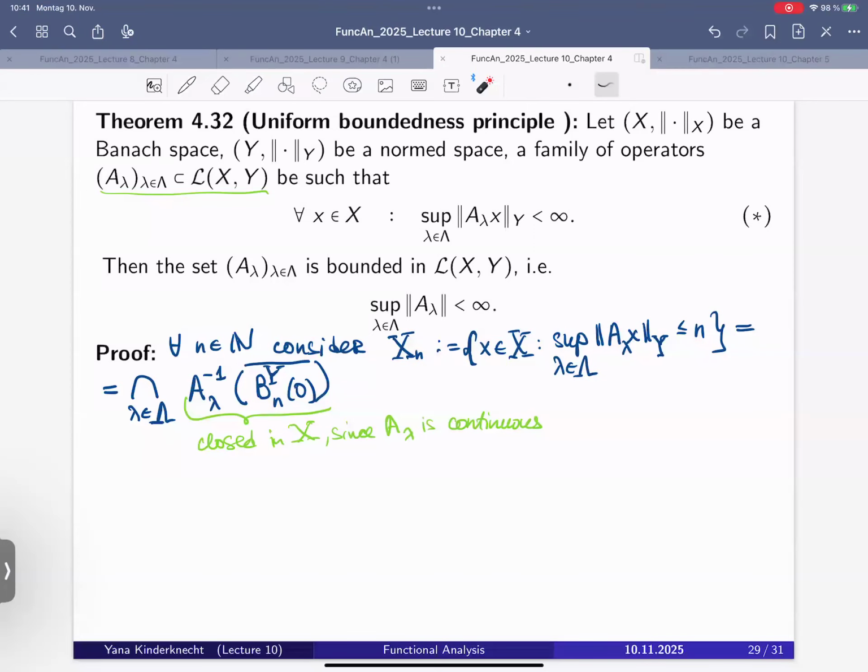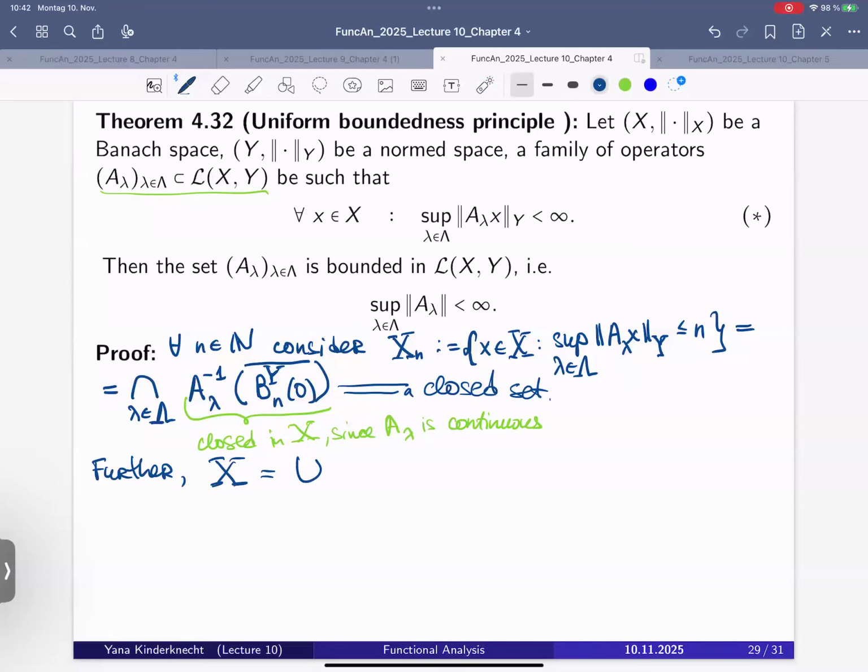Okay. Yes. And then we consider the intersection of closed sets. Any intersection of closed sets is again a closed set. This is just a property of closed sets, that an arbitrary intersection of closed sets is again a closed set. Further, we have the following representation.